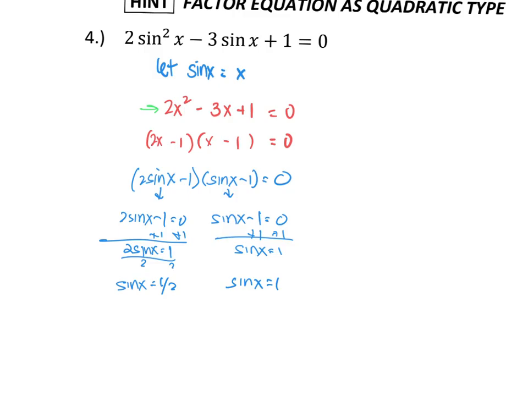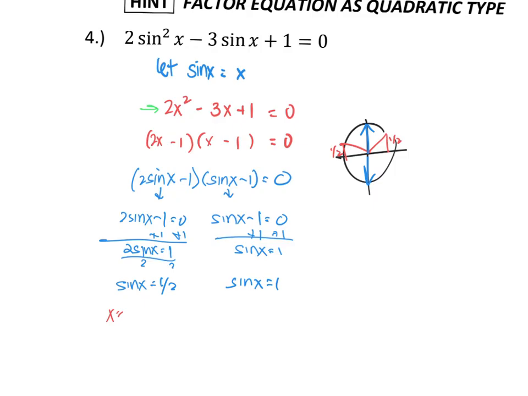And this is in radians still. So if I draw my unit circle, sine is going to be 1/2 here, and sine is going to be 1 at pi over 2 and 3 pi over 2. Okay, so let's write this out.